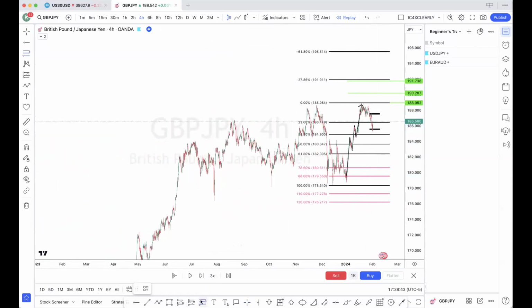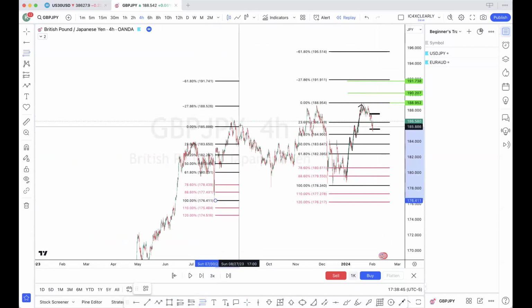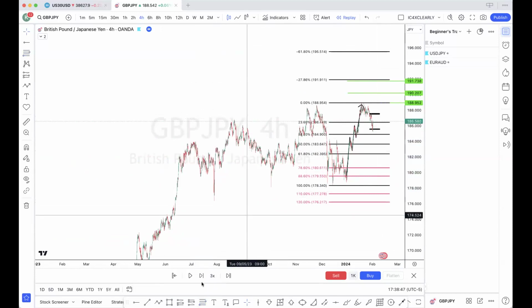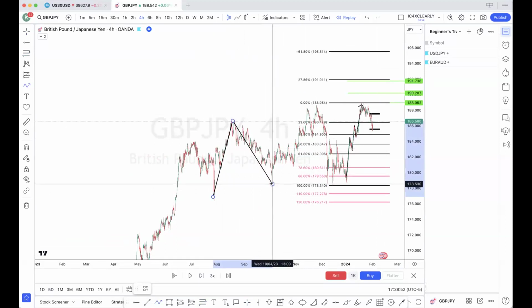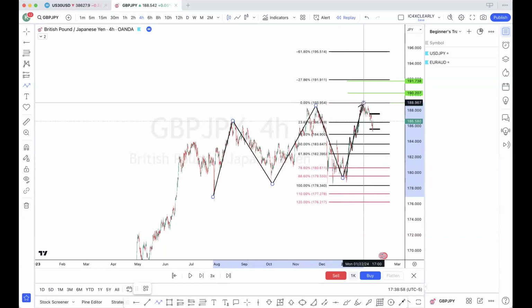Because now you're identifying these swings. Here's a swing here. This is your pullback. You have a swing here. This is your pullback without breaking those lows. And now you have a swing here.